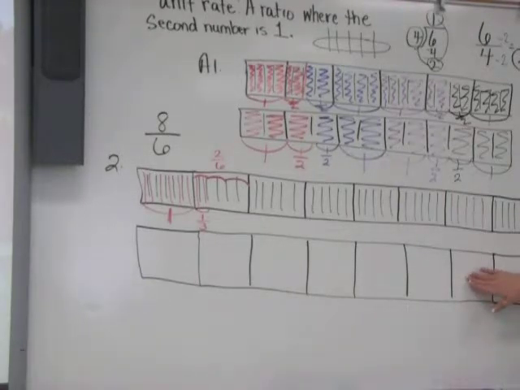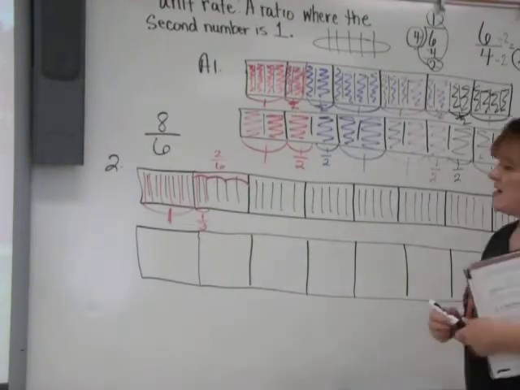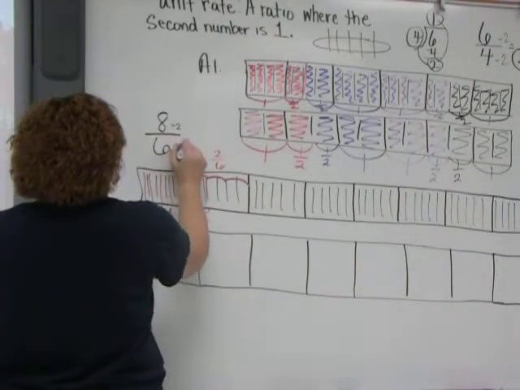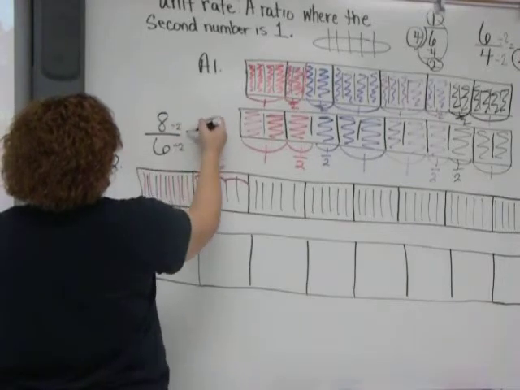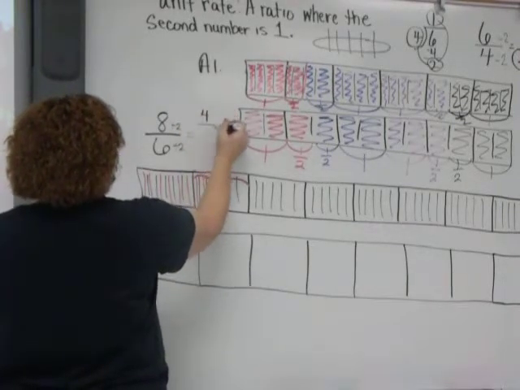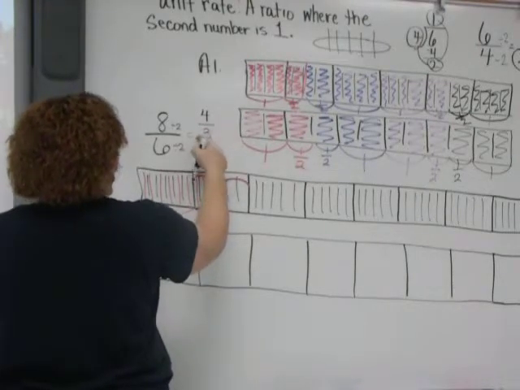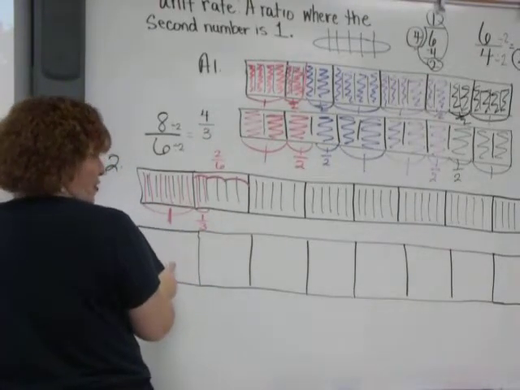Now it said to show it a second way. Can 8 sixths be reduced? Yes, by 2. And if I reduce it, 8 divided by 2 is 4, 6 divided by 2 is 3. So I can show this one in thirds.